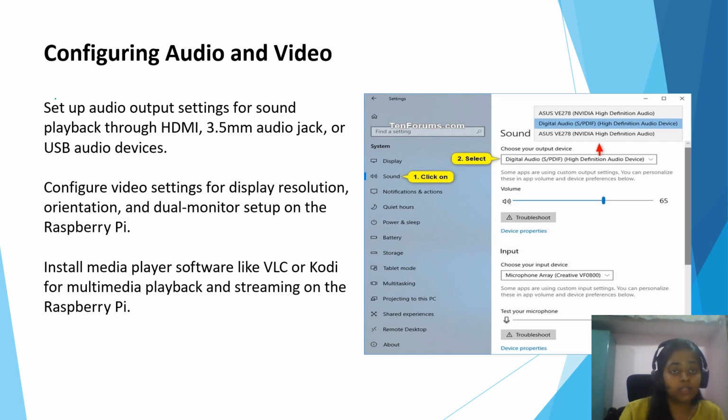So these are some of the settings that you should be doing for audio and video. And also we need to install media player software like VLC or Kodi for multimedia playback and streaming on the Raspberry Pi. So this image depicts this explanation.